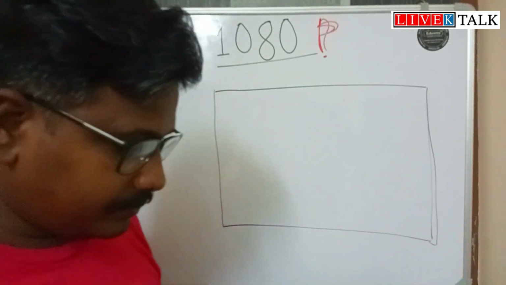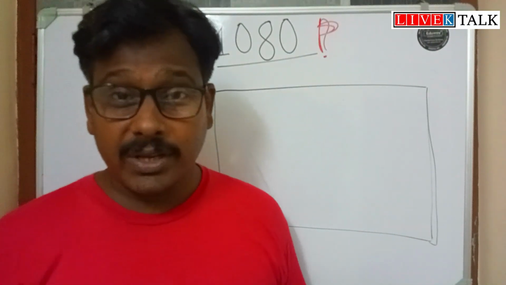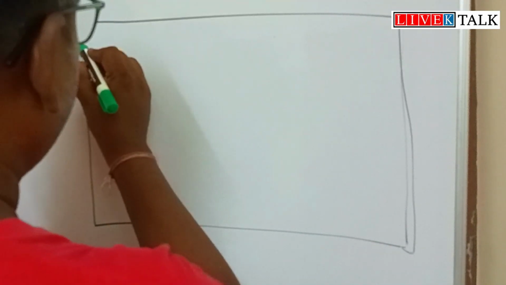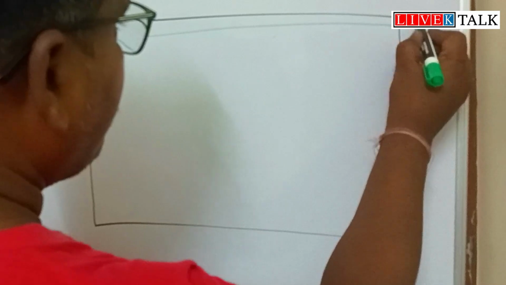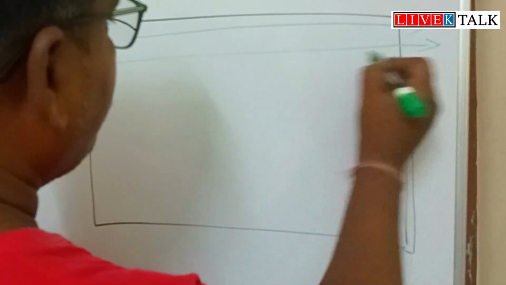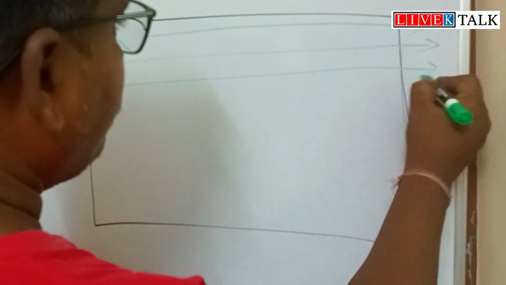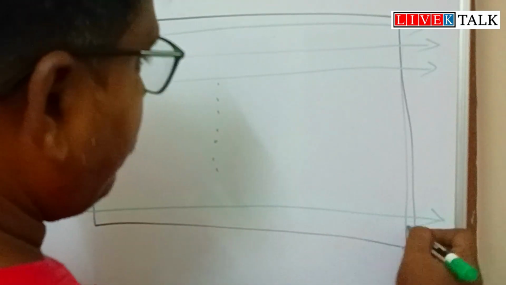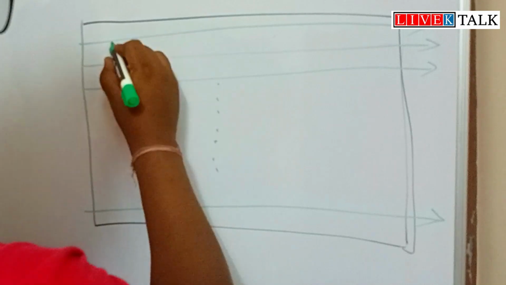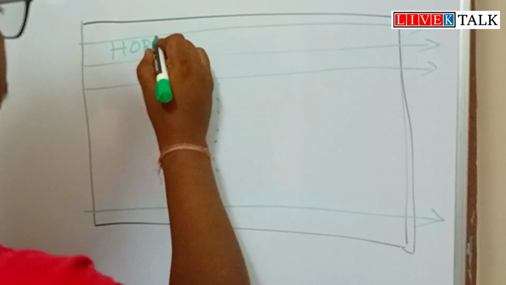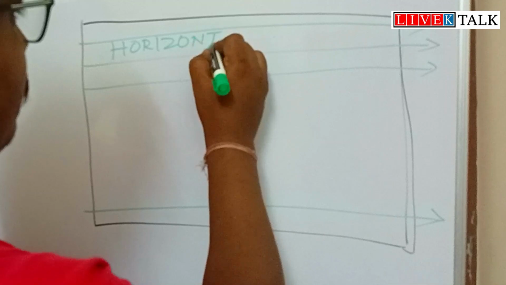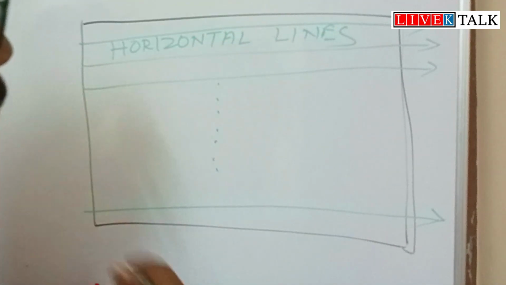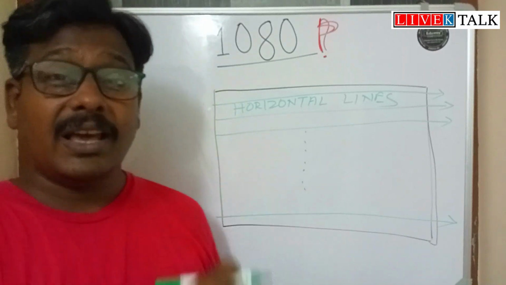This is your frame, and now I am drawing the horizontal lines. These are horizontal lines across a frame.